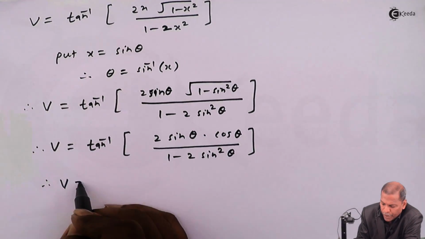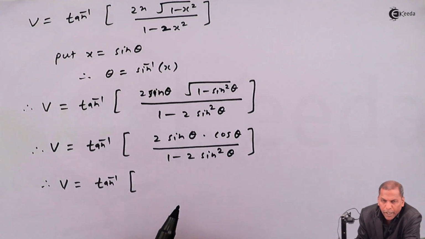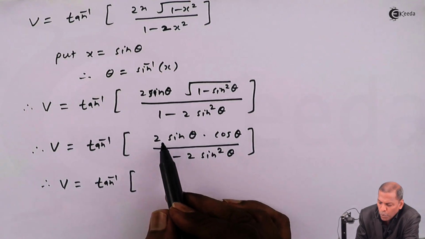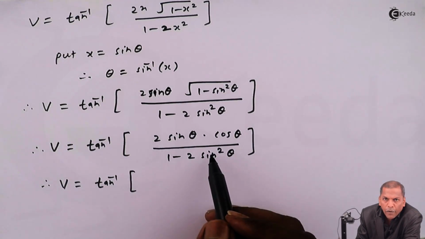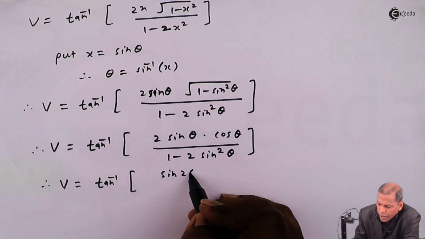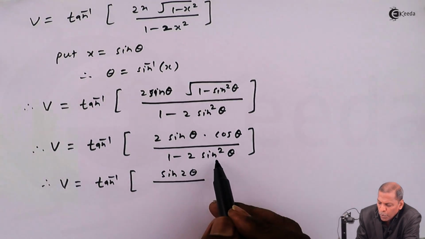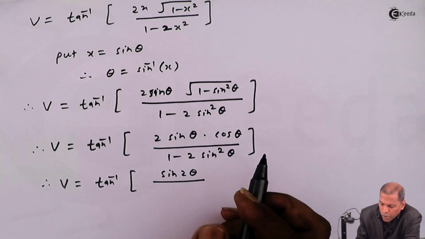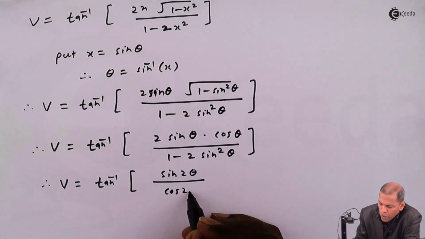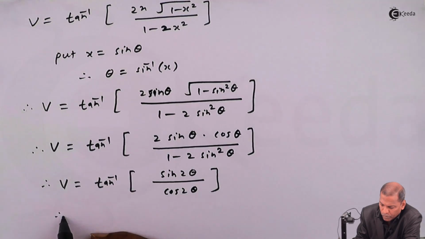So finally we get v is equal to tan inverse in bracket. Now numerator is 2 sine theta cos theta, which is nothing but formula of sine 2 theta. And in the denominator 1 minus 2 sine square theta, which is also formula of cos 2 theta.